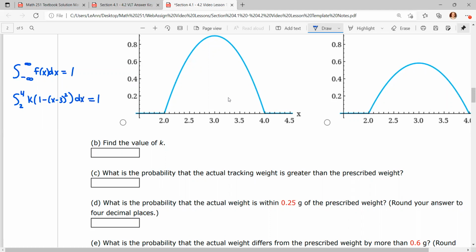Now k is a constant in this scenario. It's not our variable x. It's a value we're trying to solve for. So we can pull constants, remember, out to the front when we're integrating. So k in front of the integral from 2 to 4.